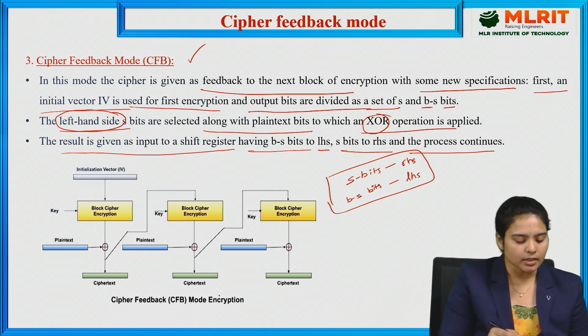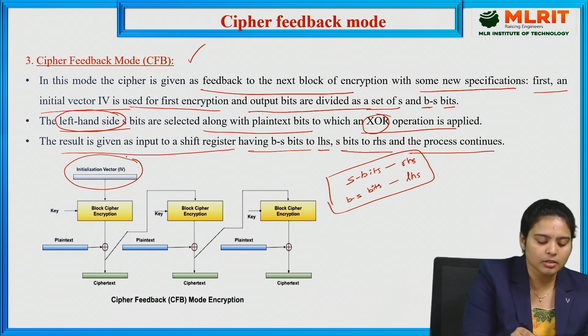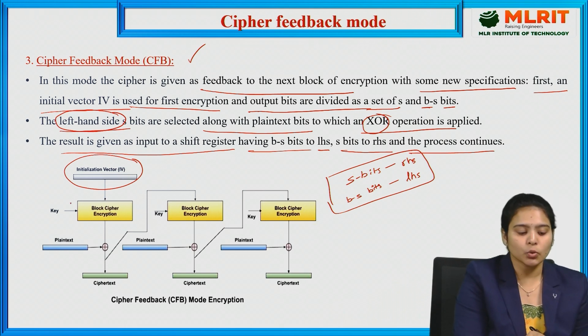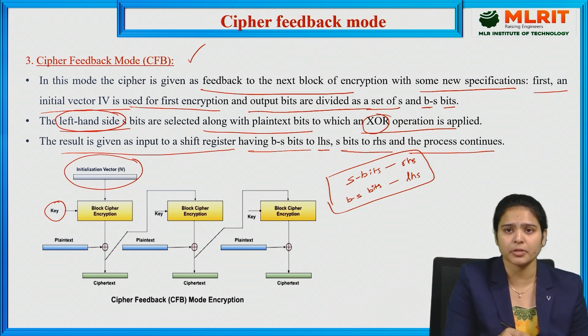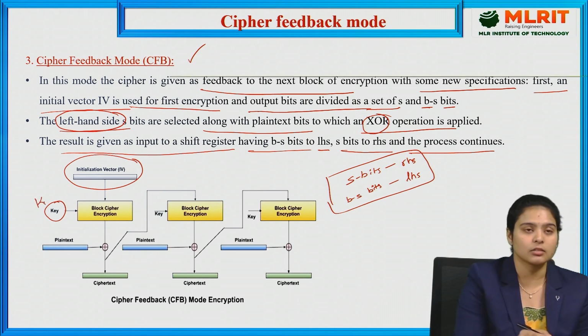See here, whatever I am applying here, I am taking as an initial vector. For this process, we use a secret key. Whenever we secure or pass any information, we need one particular key, called the secret key, represented with K. This consists of block cipher encryption.